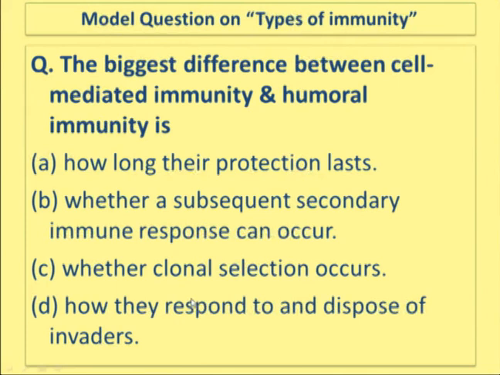The biggest difference between cell mediated and humoral immunity is: option A, how long their protection lasts; option B, whether a subsequent secondary immune response can occur; third, whether clonal selection occurs; and fourth, how they respond to and dispose of the invaders. So option D is right.